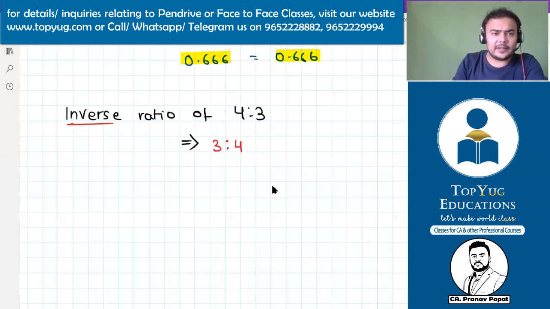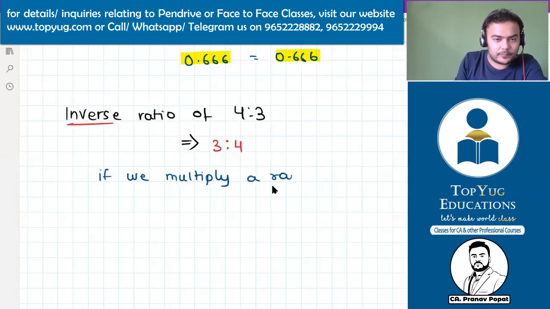Okay, one property related to inverse that I just realized. If we multiply a ratio with its inverse ratio, we will get what?